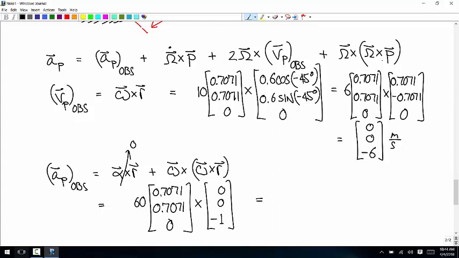Okay, so what do we get here? So this is 60 times negative 0.7071, and then positive 0.7071, and then 0. I pulled out the 6 there, yeah.